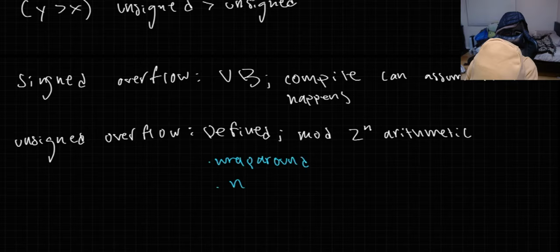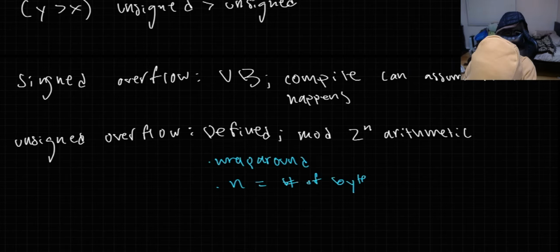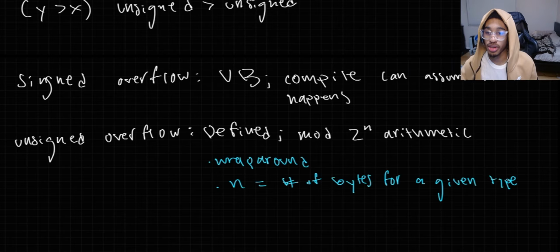And where n is the number of bits or number of bytes. I'm not sure. Pretty sure it's number of bytes for each type. Yeah, number of bytes for a given type. And that is signed and unsigned integers. Pretty simple. On to the next topic, GG's.